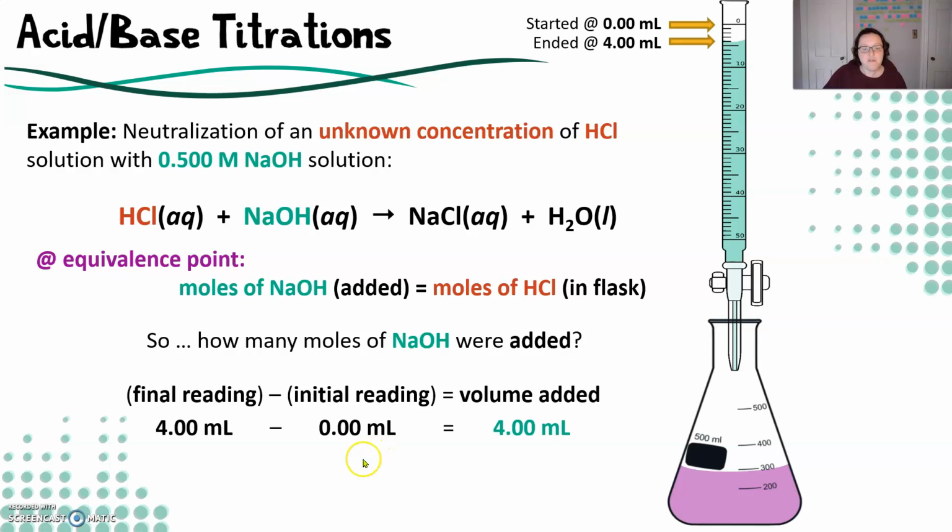So, to find the number of moles of sodium hydroxide that are contained in this 4 milliliters of titrant that were added, we use the known molarity of the solution of 0.5 molar as a conversion factor.